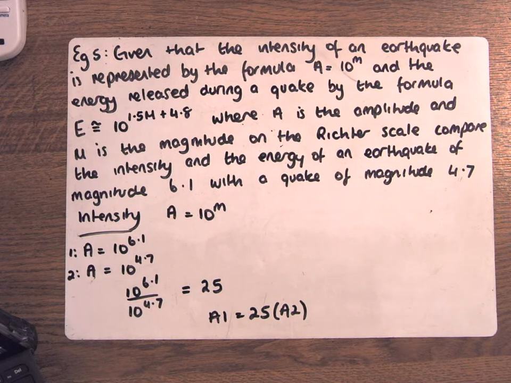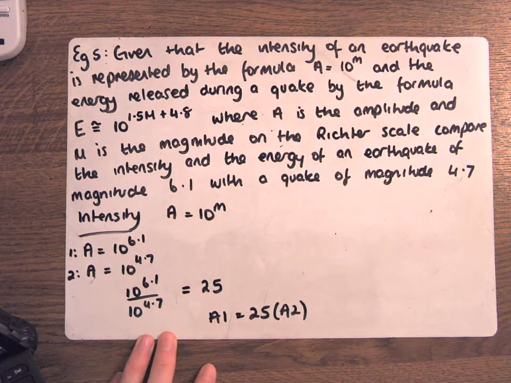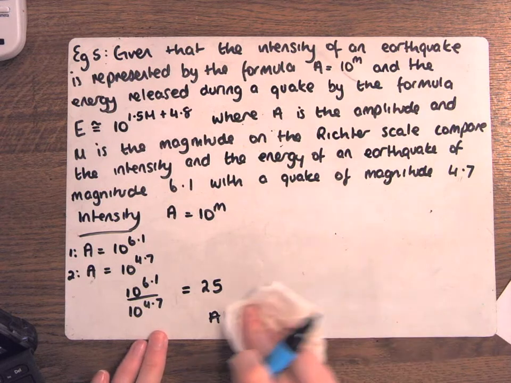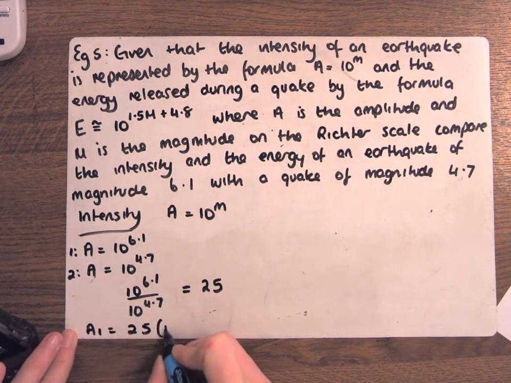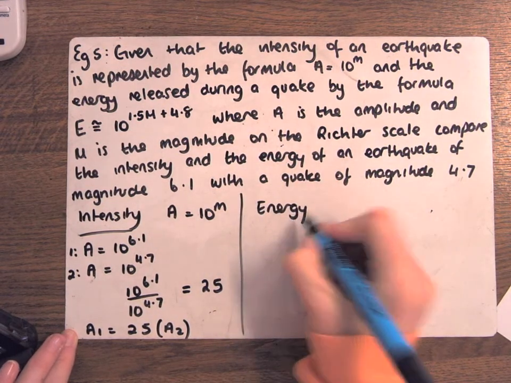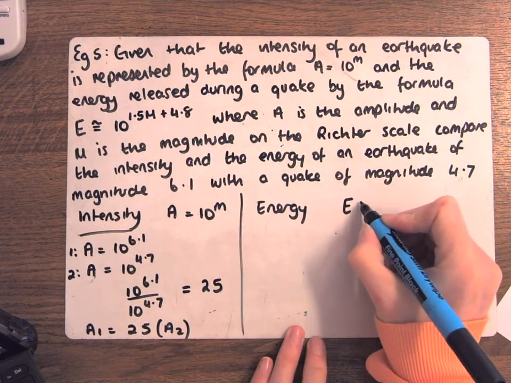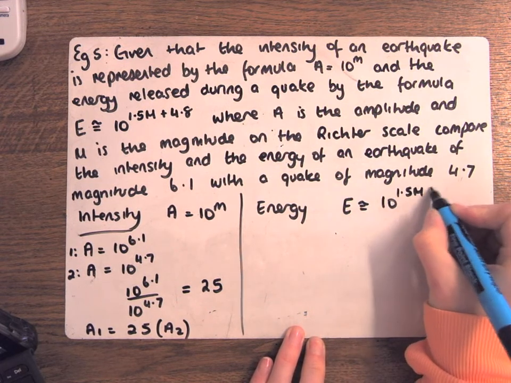And then they want us to compare the energy. So we need to just get our energy formula. So our energy, 1.5 m plus 4.8.